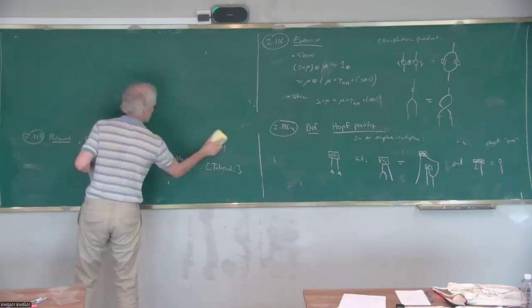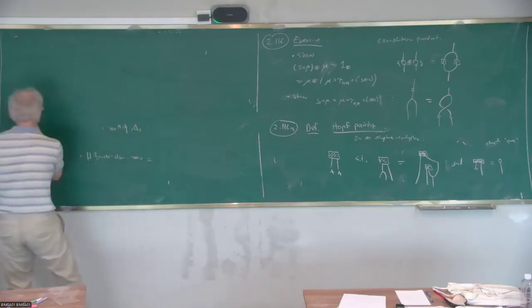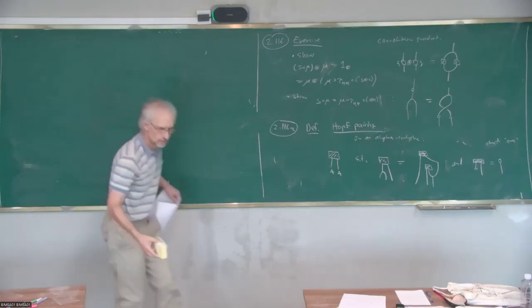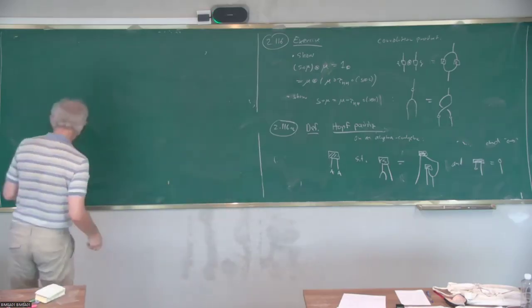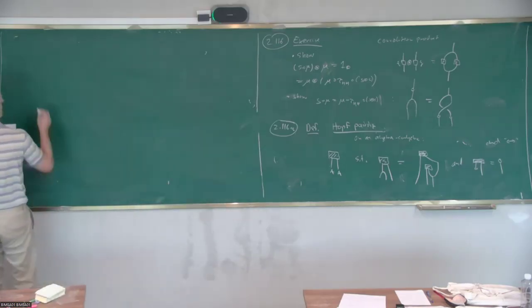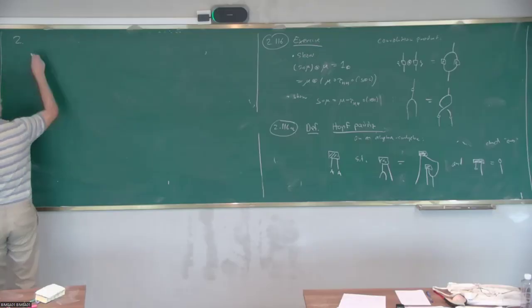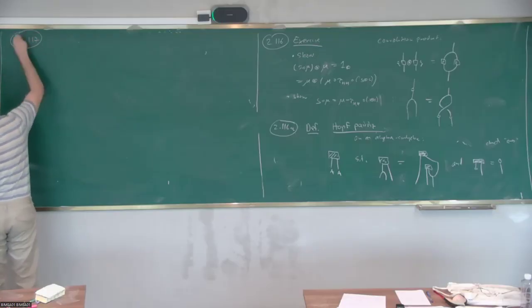Now, remember that I started with the question, when do we have a duality on a category of modules of a bi-algebra?